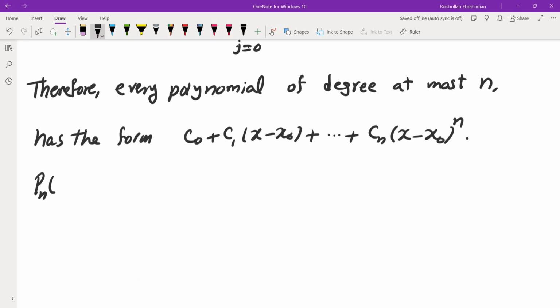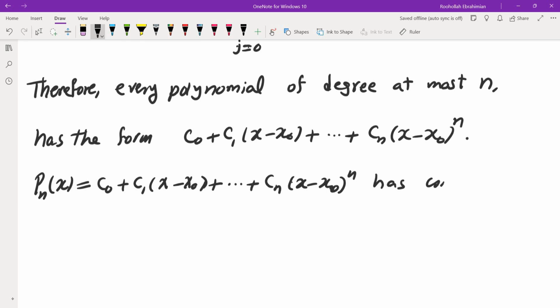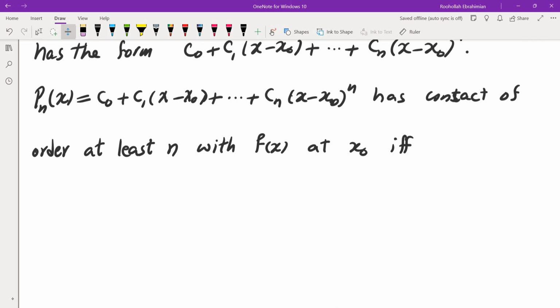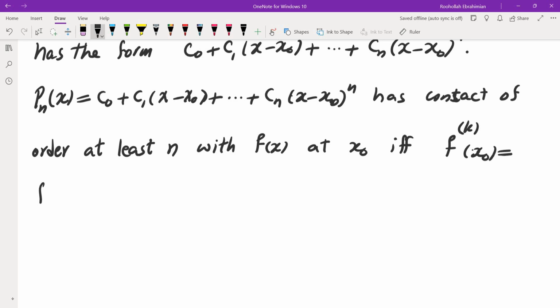So Pn of x equals c0 plus c1 times x minus x0 all the way to cn times x minus x0 to the power of n has contact of order at least n with f at x0 if and only if, by definition, f^(k) of x0 is equal to Pn^(k) of x0 for k equals 0 to n. So this is if and only if, because that's just the definition.